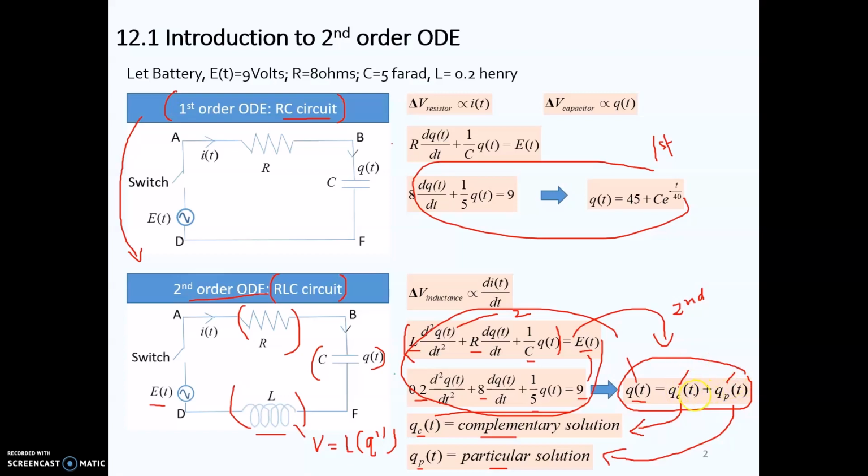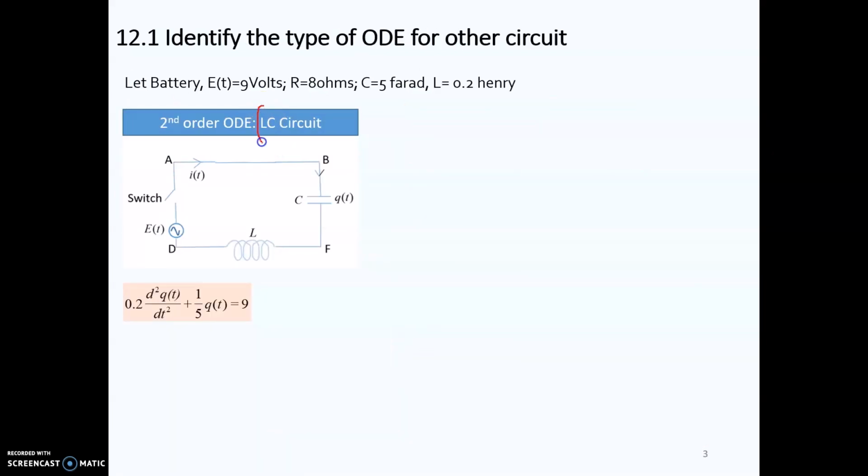We will learn more about how to find the complementary and particular solution later. In this example, you have an LC circuit, which is comprised of the capacitor and the inductor. The voltage consumed by the inductor and the capacitor are given here, and the electrical source E(t) is given by this.